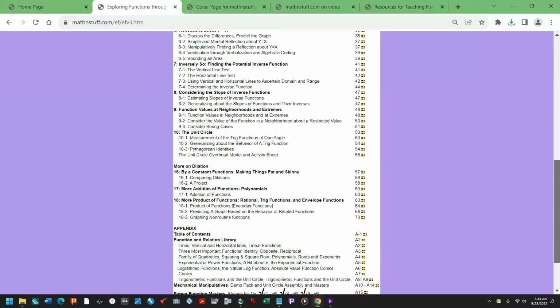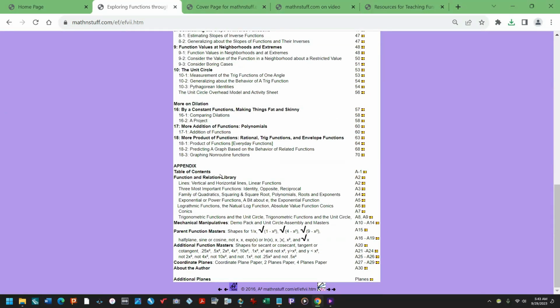It includes masters for all of the manipulatives you see here, but I couldn't do it on the screen. I could only do it with an overhead projector and with paper in students' hands.